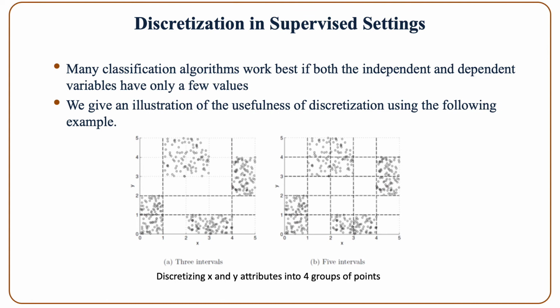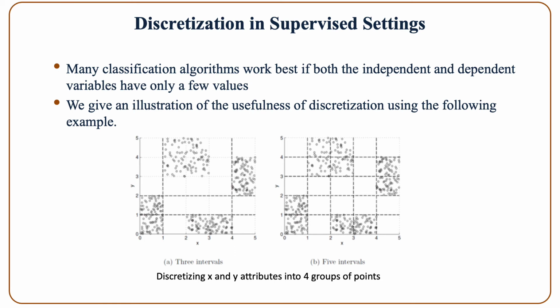We have talked about discretization in the unsupervised settings. How about the supervised settings? Many classification algorithms work best if both independent and dependent variables have just a few values. Let's look at the illustration.